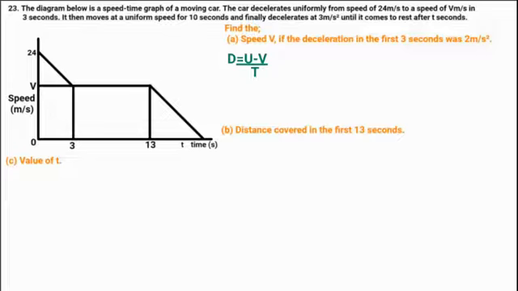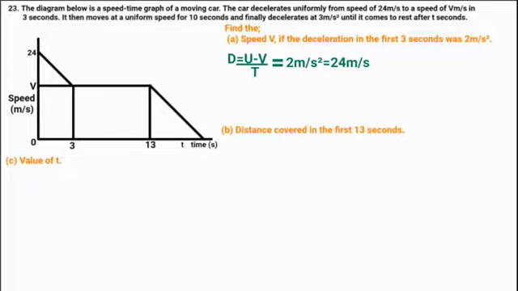Okay, in the question we're told that deceleration was 2 meters per second squared, so we're going to say 2 meters per second squared is equal to 24 meters per second. Where are we getting 24 meters per second? It's here. Then we ask what the final speed is.